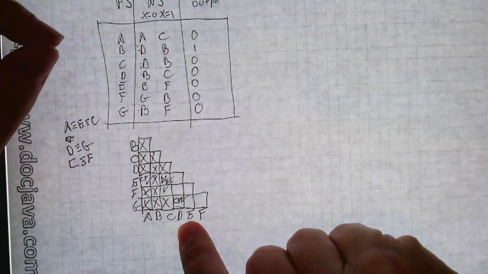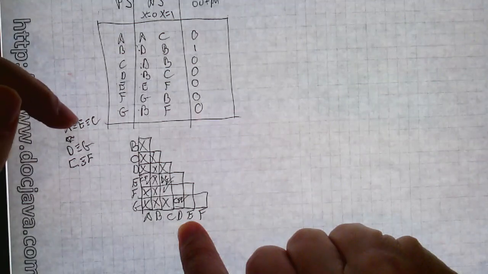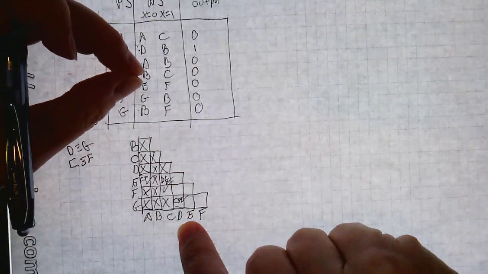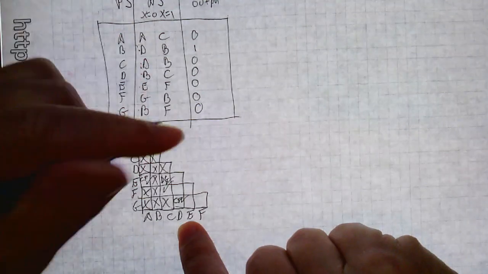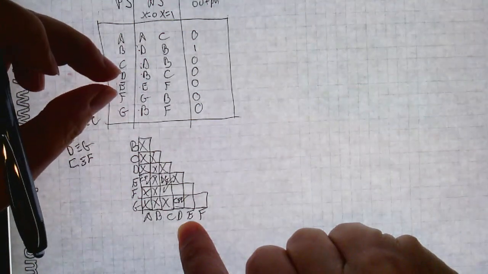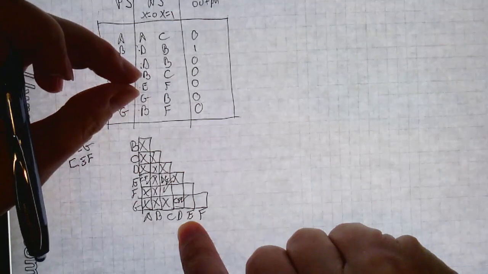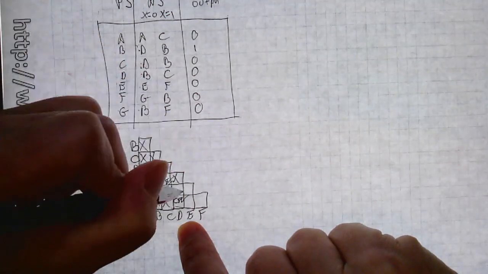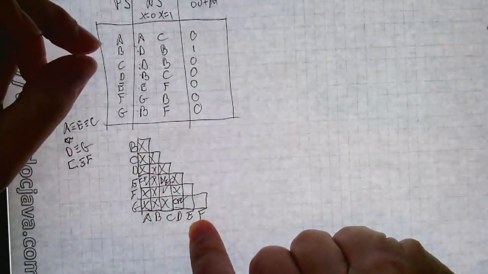We have DE. Now D is supposed to be equal to C. So let's see if DE. It's true if B equals E. It does not. DF says it's true if B equals G. It does not.